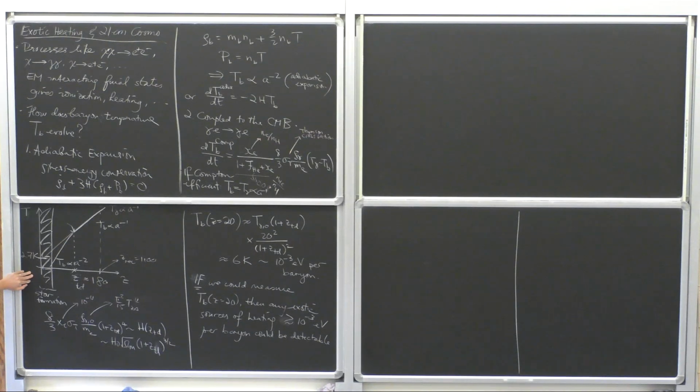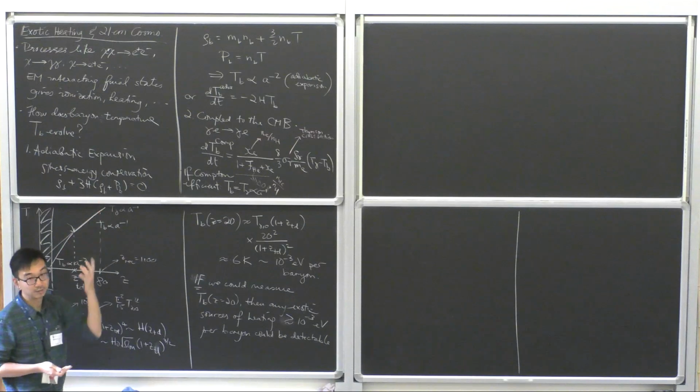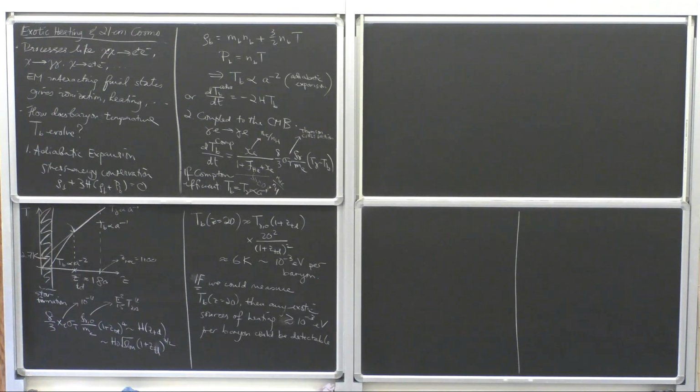But the thing is that if you look at other constraints on things like dark matter annihilation or dark matter decay, so for example, let's say you wanted to reionize the universe with dark matter annihilation. Well, as I said, the increased ionization also affects the CMB anisotropies, and so there's a limit that comes directly from the CMB anisotropies as well.